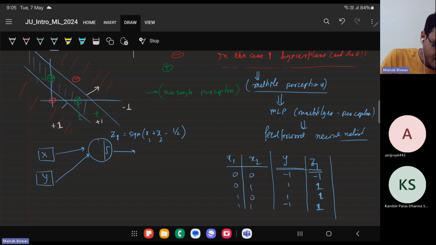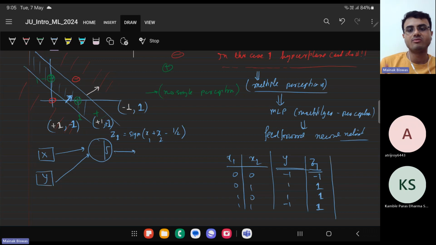This hyperplane will say minus 1, 1, 1. Okay, right? This is what we want. I have put both the hyperplanes and their corresponding colors.